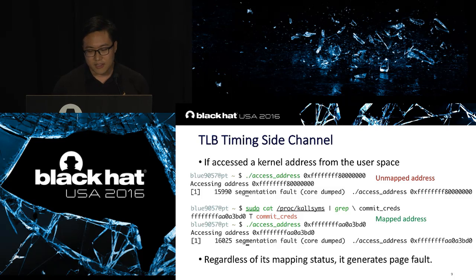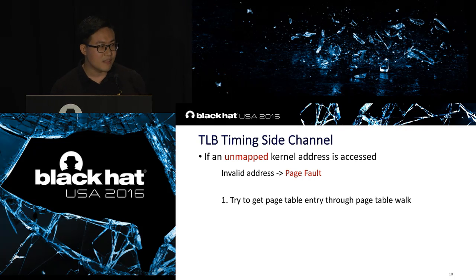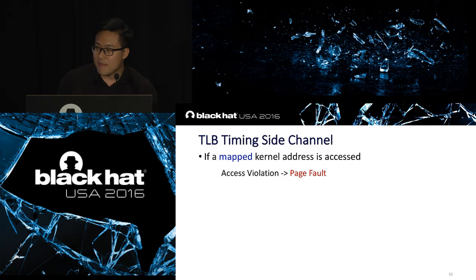But internally, the processor treats that fault differently. If it is an unmapped address, then the reason for the fault is that it is just an invalid address. To check that, the processor is required to walk through the page table, and then there's no page table entry, so it generates a page fault. On the other hand, for the mapped address, the reason is different.